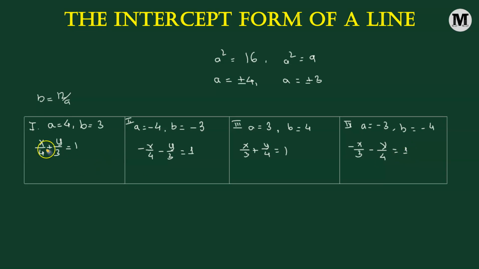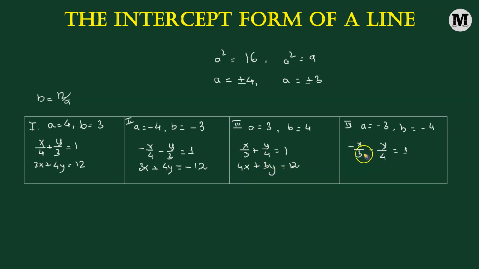Let's further simplify. Multiplying throughout the equation in case number 1 with 12, it's going to give us 3x plus 4y equals 12. Now here, we're going to multiply throughout with negative 12. So that's going to give us 3x plus 4y equals negative 12. Next, we multiply throughout with 12 to get 4x plus 3y equals 12.